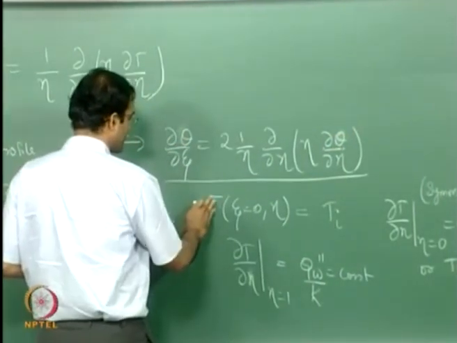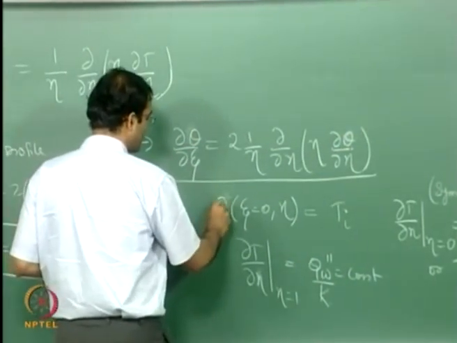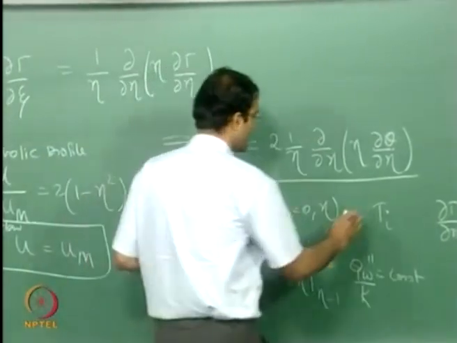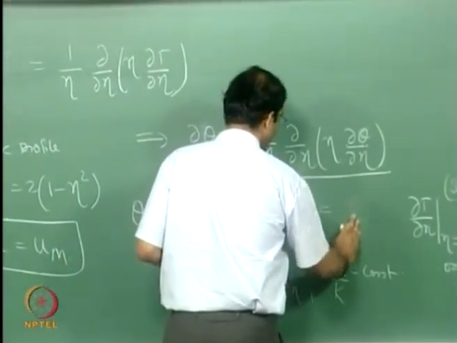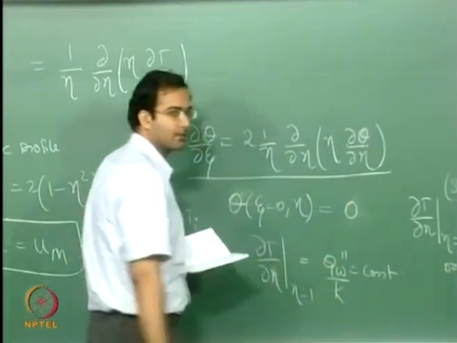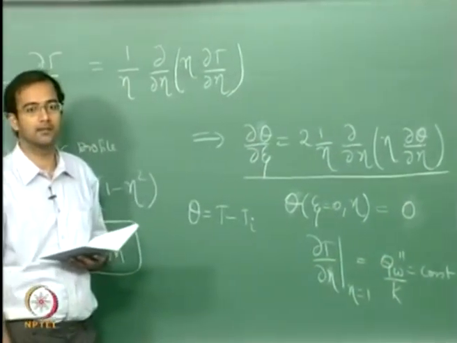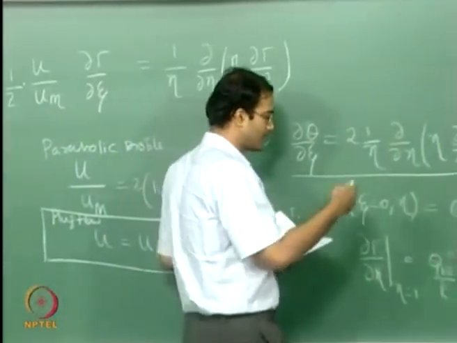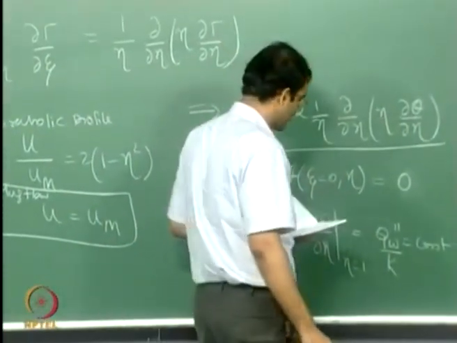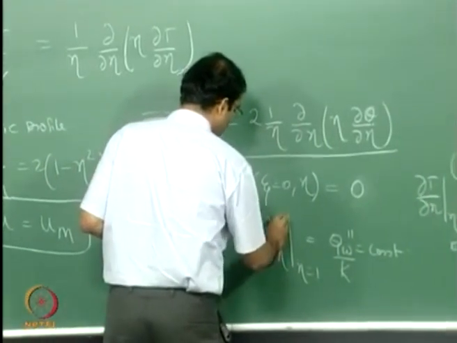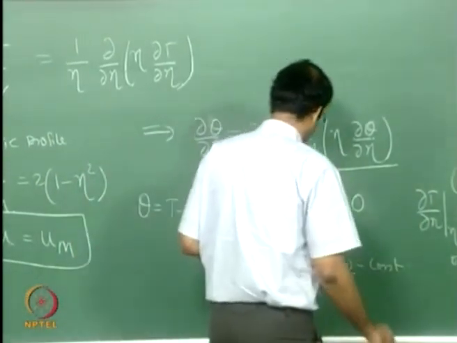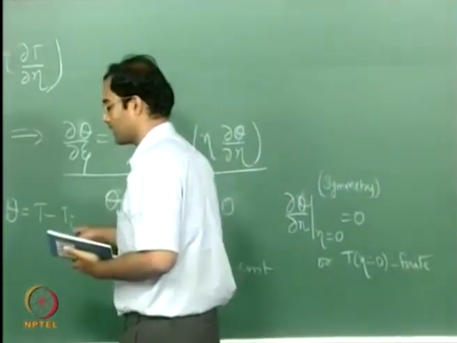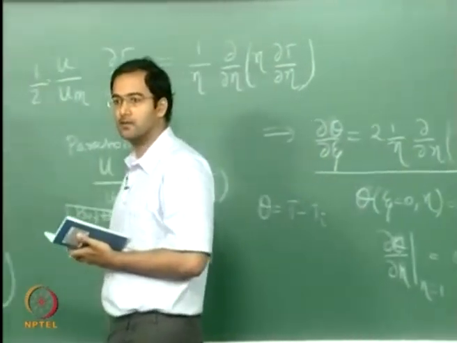The condition becomes, at zeta equal to 0, theta will be 0, since T will become Ti. So that is the advantage. Wherever possible I can introduce zeros, I am doing it, and the other conditions will also be in terms of theta. Anyway, Ti is a constant, so if you differentiate it, it doesn't matter.